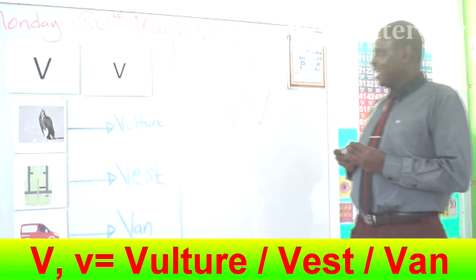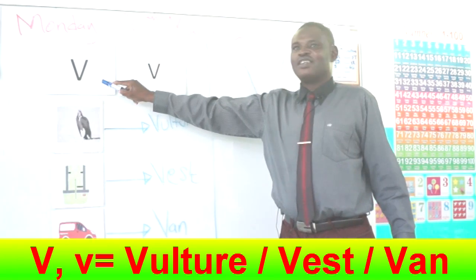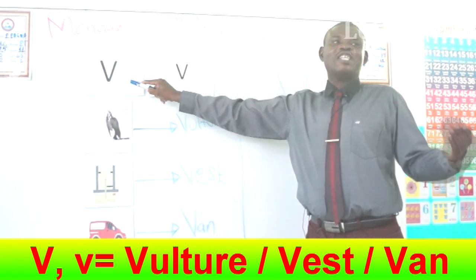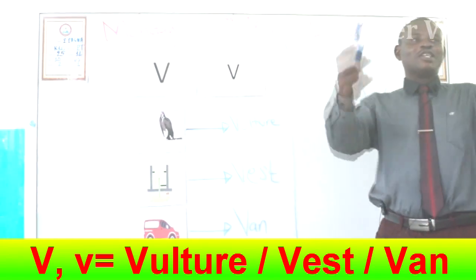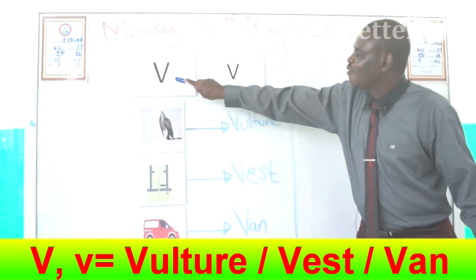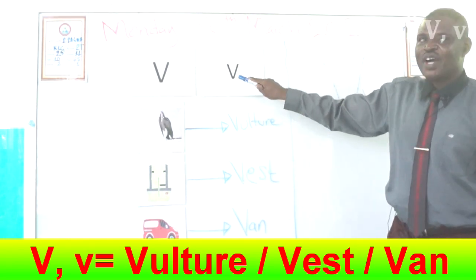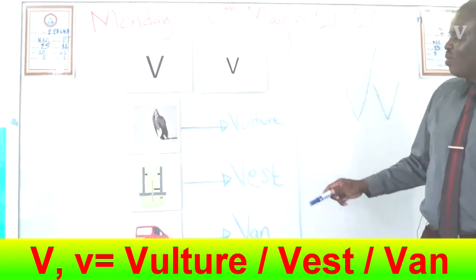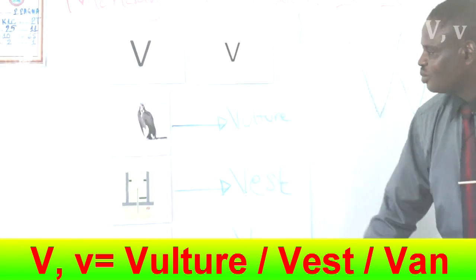So we go over again. Now you are going to lead me in getting all this done. So everybody stand up. Okay, let's go. V, uppercase V, lowercase v. Now we are going to do the letter sounds.